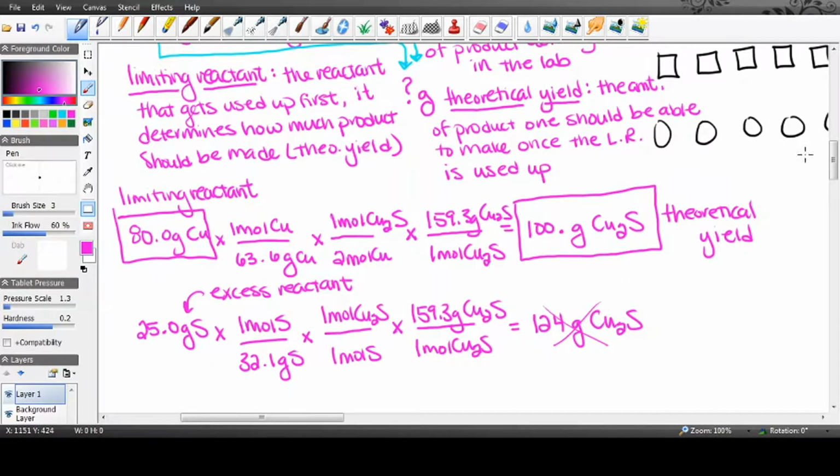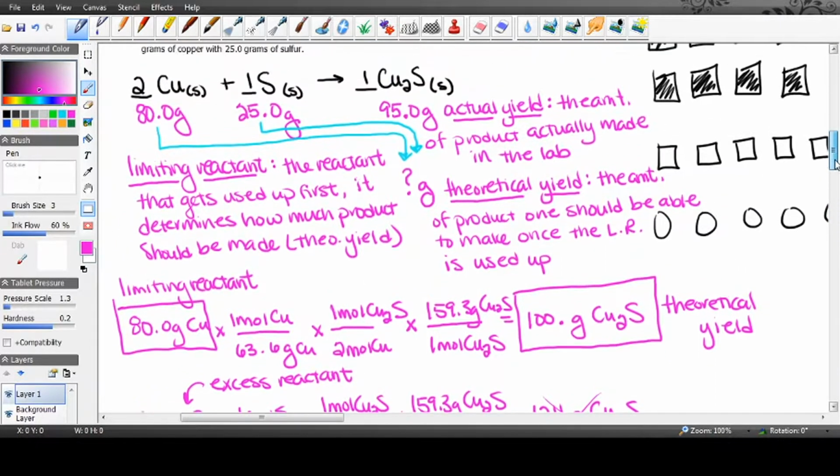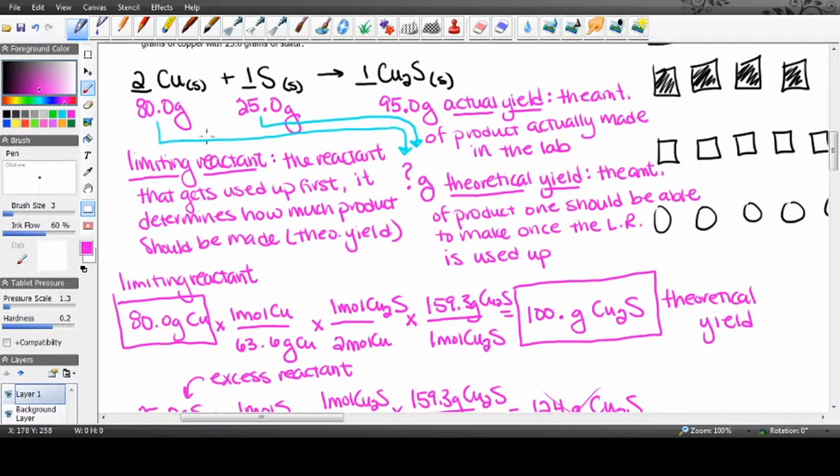Now, finally, there's one more thing that we can do here, which is compare how much we should be able to make, which is this 100 grams. So now we know our theoretical yield. We know the theoretical yield is 100 grams of product based on the 80 grams of copper, which was my limiting reactant. But we only made 95 grams in the lab.